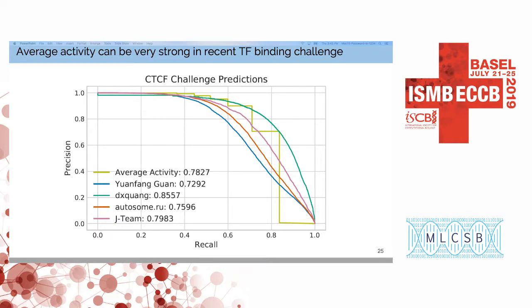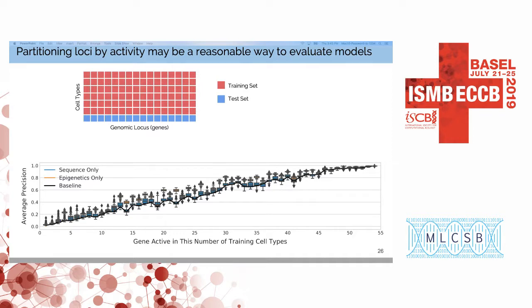So, how can we make sure that we're avoiding this? One of the ways is to partition our loci by the frequency with which they are active in the training set. What we have here is that on the x-axis, we have the number of cell types that a certain gene is active in, and on the y-axis, we have performance.